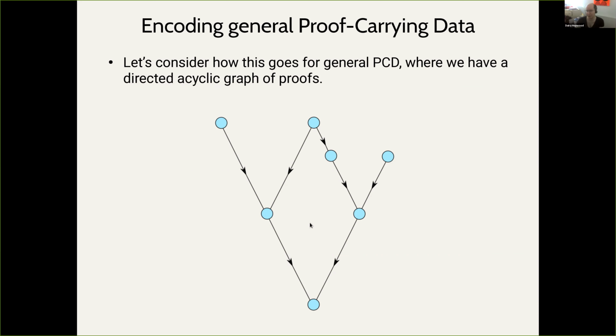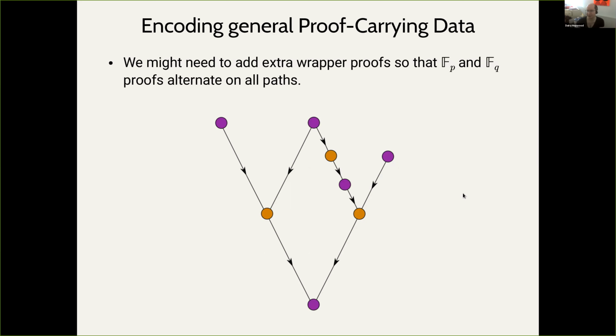So the proof at the bottom depends indirectly on everything else. So to make this work with this sort of bouncing between two fields, we might have to add dummy proofs into the graph. So here we've added this purple proof so that the fields alternate on every path to the root.